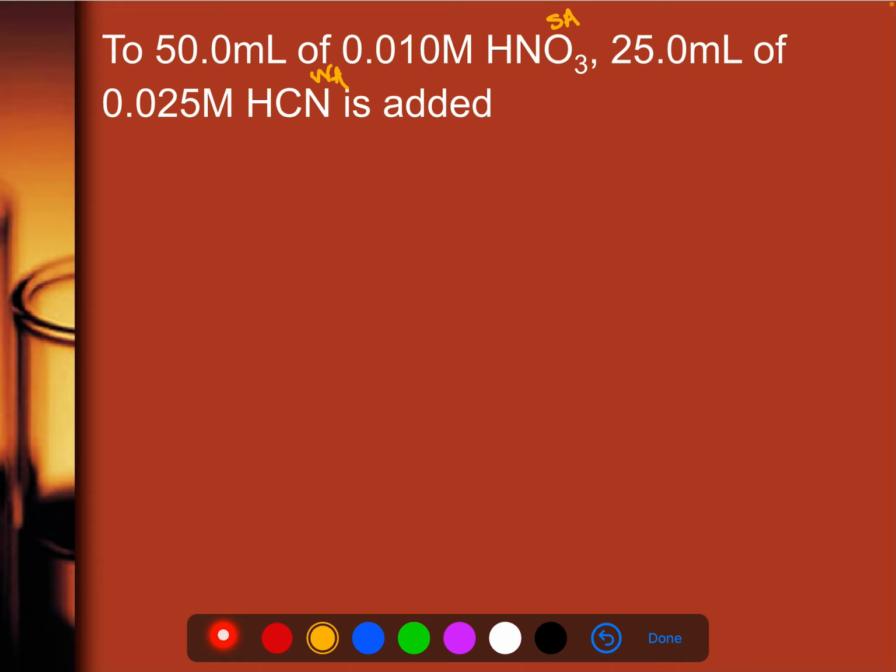So for nitric acid, if we do our molarity times volume, so 0.010 molar times 50 milliliters, which is 0.050 liters, this would be 5.0 times 10 to the negative fourth moles of hydrogen here.